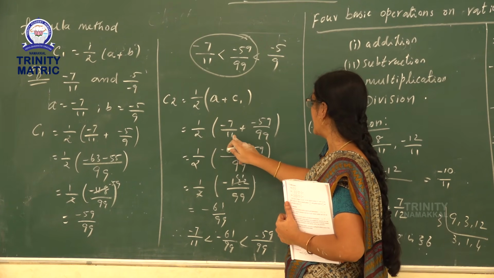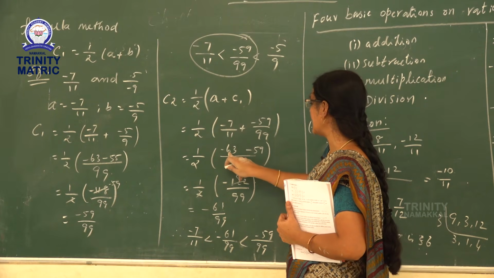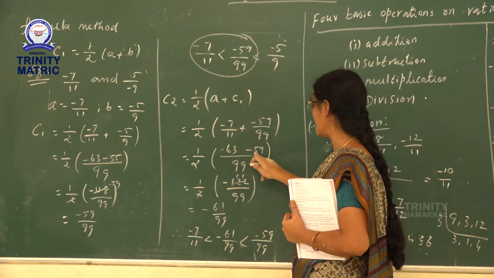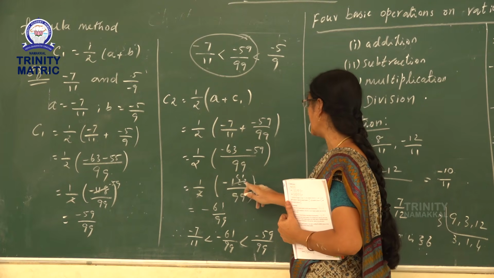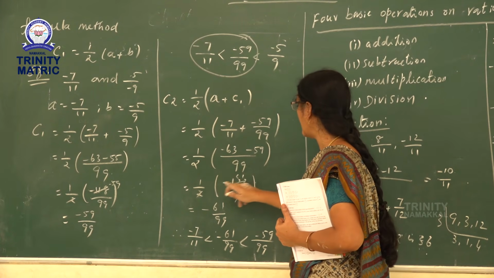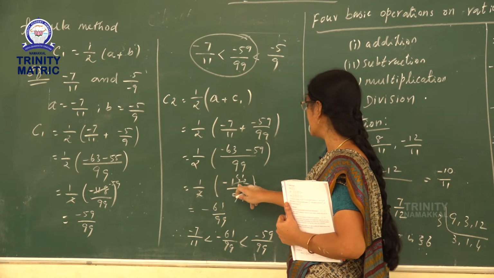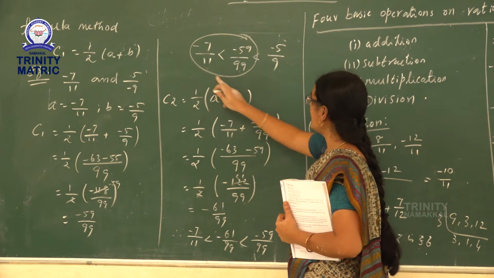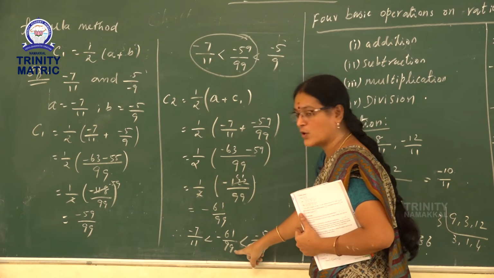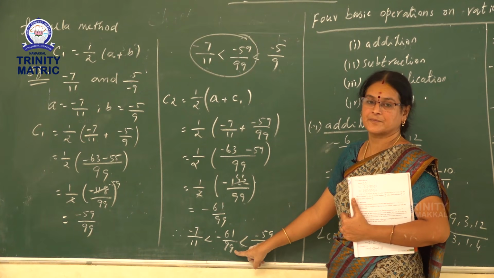Multiply: 11 9s are 99, 7 9s are minus 63, and minus 59. Add these two numbers, we get minus 122. This is divisible by 2, so it gets cancelled: minus 61 divided by 99. In between these rational numbers, one more rational number is there.